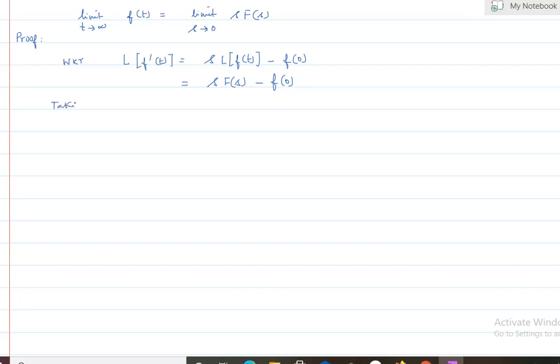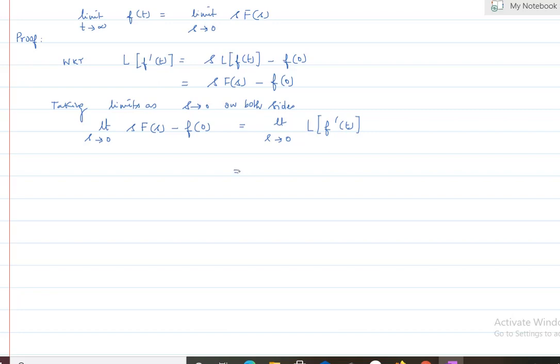So taking limits as s tends to 0 on both sides, we get limit s tends to 0 s into F of s minus f of 0 is equal to limit s tends to 0 Laplace transformation of f dash of t.